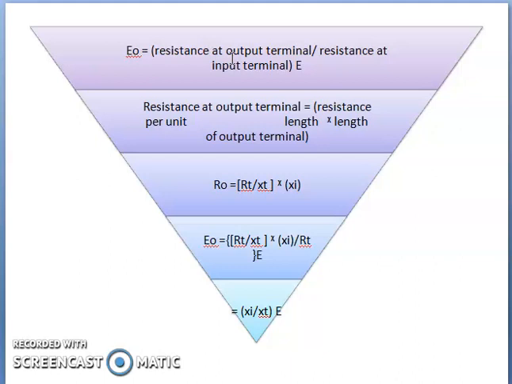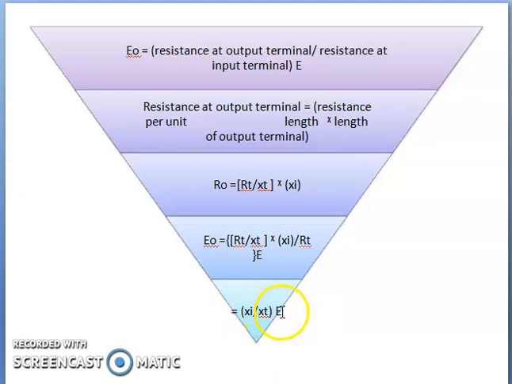Then we can calculate the resistance at the output terminal, that is, resistance per unit length times length of the output terminal, R0 equals RT by Xt into Xi. Applying this to our output voltage, E0 is equal to RT by Xt into Xi, divided by RT, into E. Then we get E0 equals Xi by Xt into E.